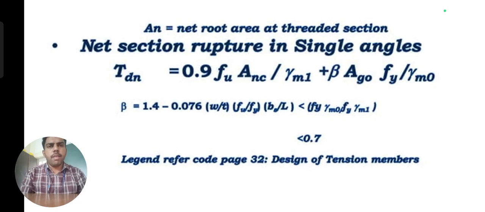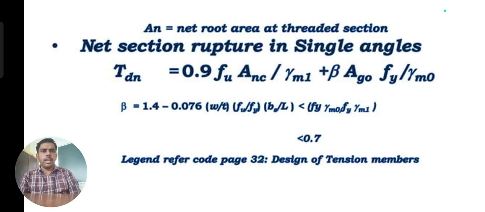Gamma m1 is the partial safety factor, and beta is for the angle. We get the beta value using this formula: 1.4 minus 0.076 into w by t into Fu by Fy into bs by L, which is less than Fy gamma m0 by Fu gamma m1.